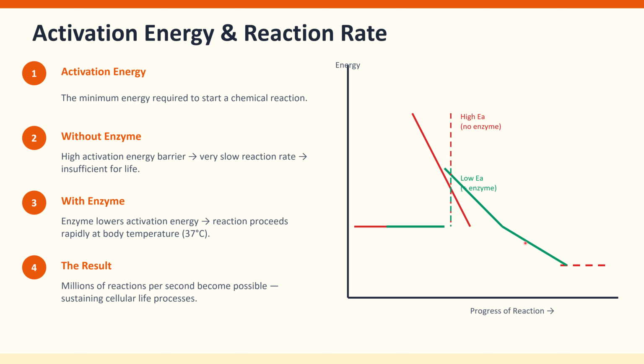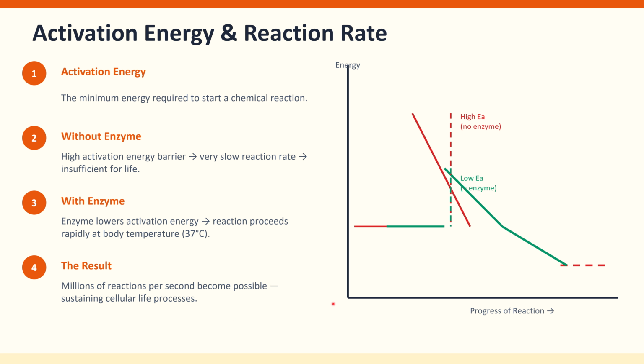It effectively shaves off the top of the hill because the hill is much lower. Many more molecules have enough energy to get over it, even at 37 degrees centigrade. The result, millions of reactions per second become possible, sustaining cellular life processes.